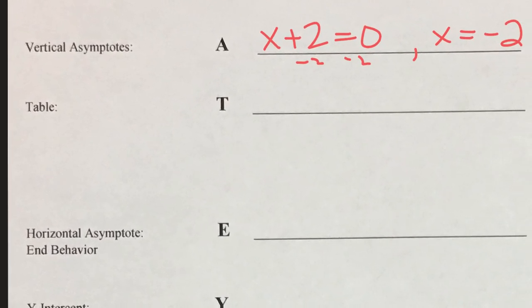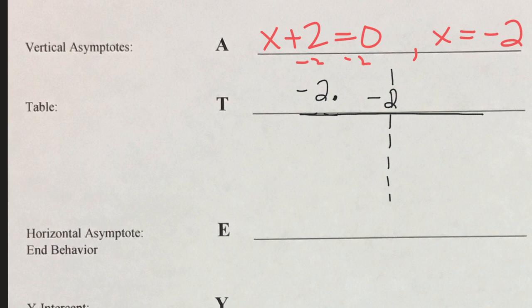Now our table. We want to know what's going on to the left and to the right of -2. So we're going to do this kind of a horizontal table. And we pick a number very close to -2, but to the left of it. Even closer than -3. How about -2.1?